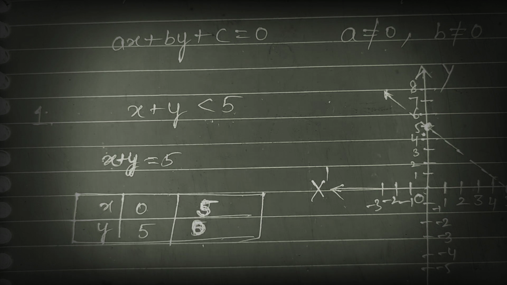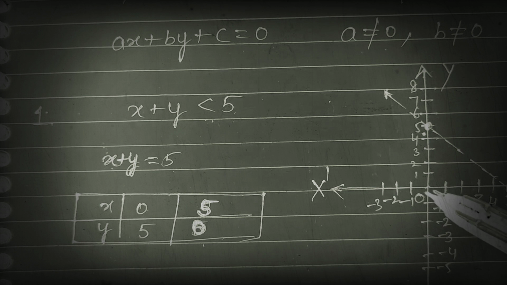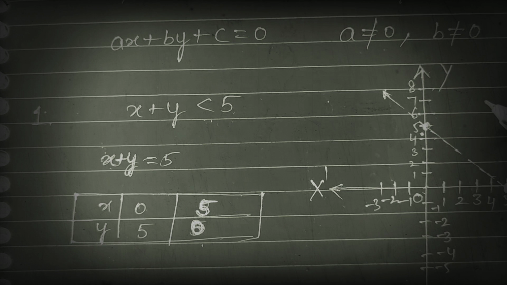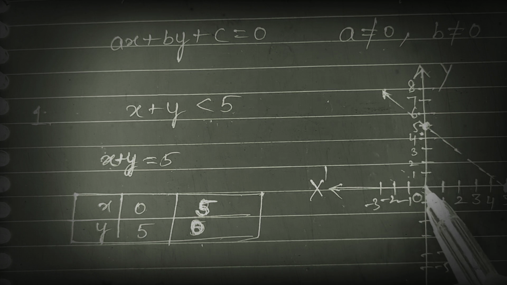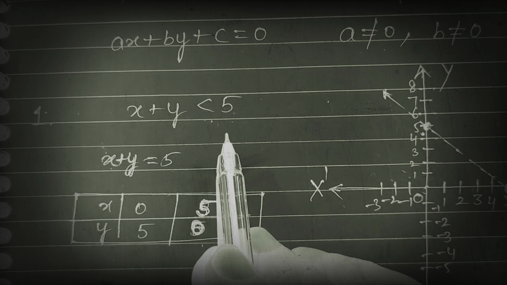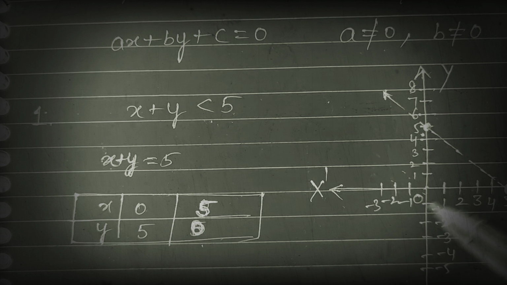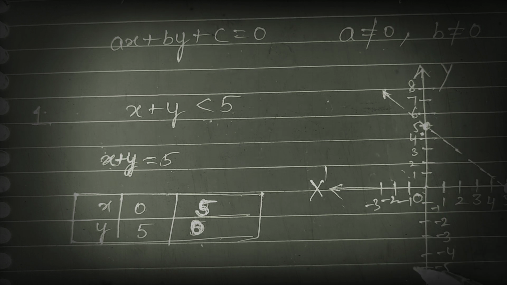So how will we find it? Suppose we can take any point from this side or this side, from this half plane or this half plane. Suppose 0, 0 is on this side. If 0, 0 satisfies this, then the shaded region will be on this side, towards the origin.